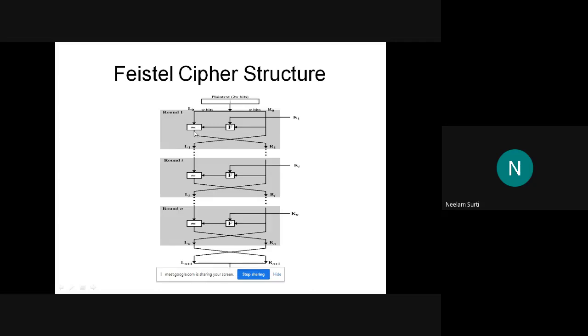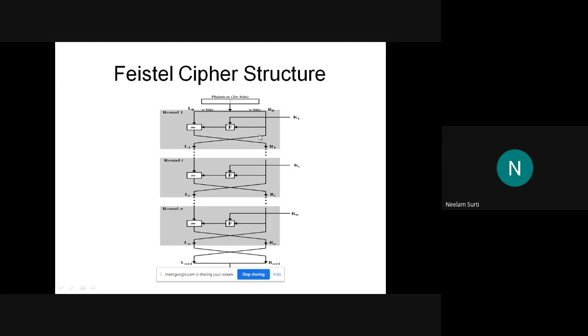If you are getting the output of XOR as 5, 6, then you are swapping it. What is R0? R0 was 3, 4. So L1 will become 3, 4, but R1 will become 5, 6, because the output of XOR is nothing but 5, 6.